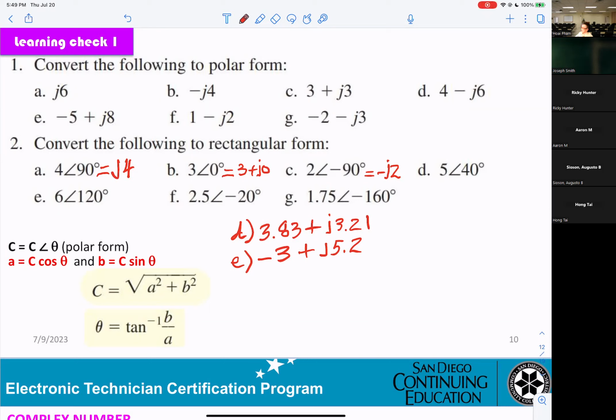F. And then that one, the first number is going to be 2.35, and I'll give you the second one just real quick.